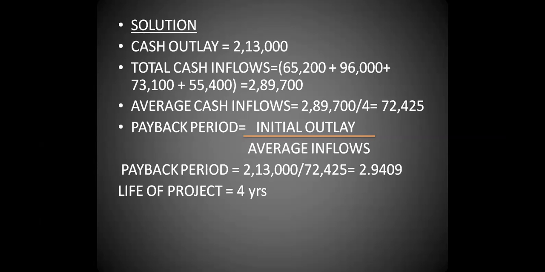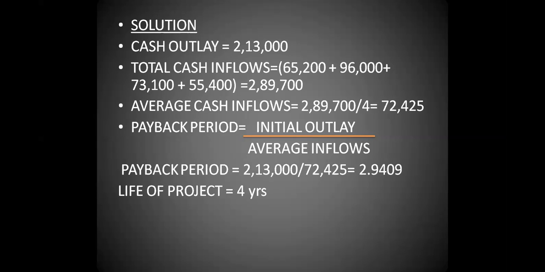Second thing is you have to calculate the total cash inflows, which means whatever return you are getting from that investment, you just have to add it. If the cash flows are uneven, which means that in the first year you're receiving some amount, in the second year something else, and in the third year something else, you just add all of them and you will get the total cash inflow.